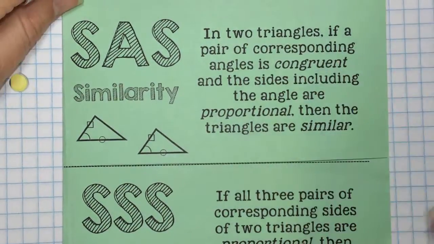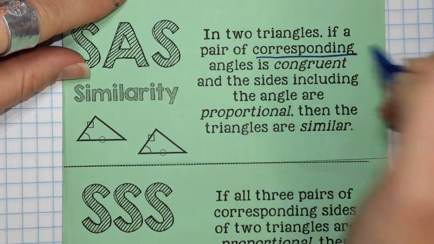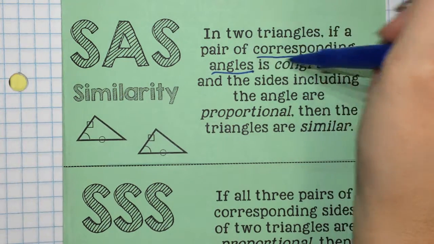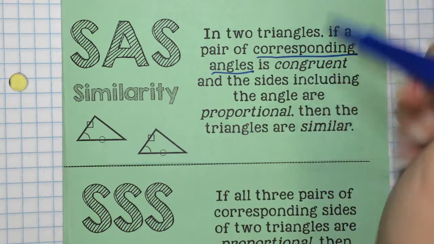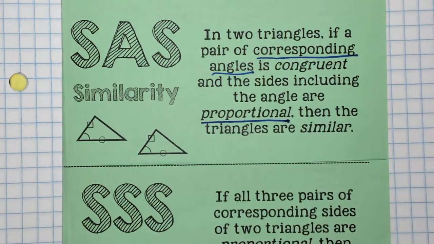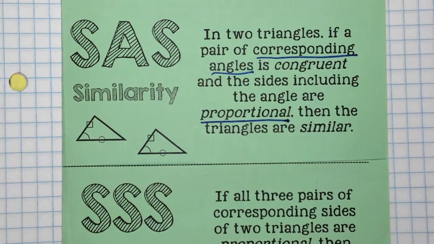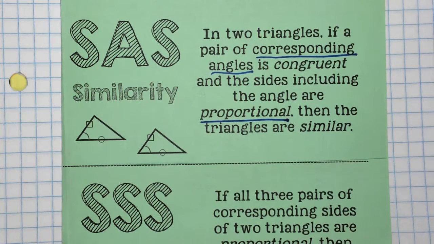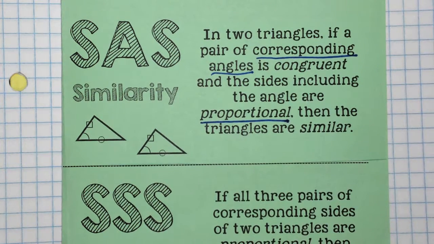Side, angle, side. It says, in two triangles, if a pair of corresponding angles, what does corresponding mean? They're in the same position. Good. Take a point. If a pair of corresponding angles is congruent, and the sides including the angle are proportional, what does that mean if they're proportional?